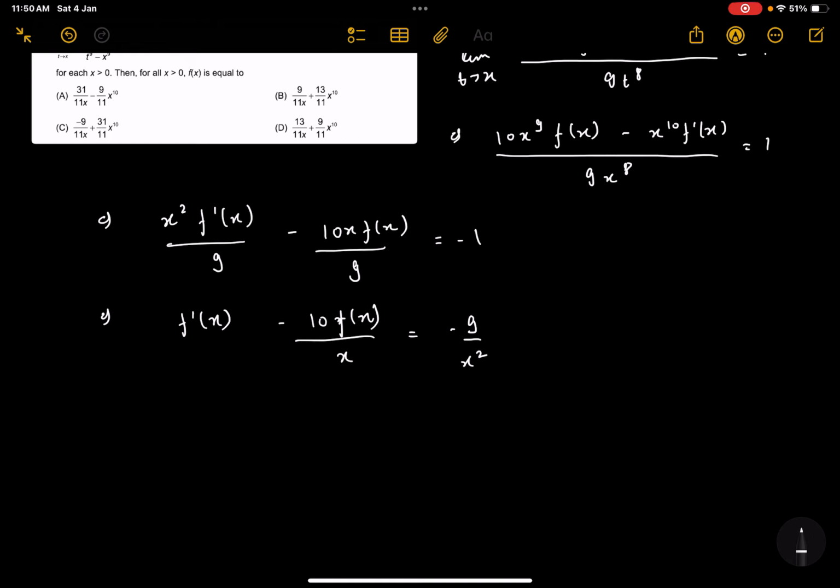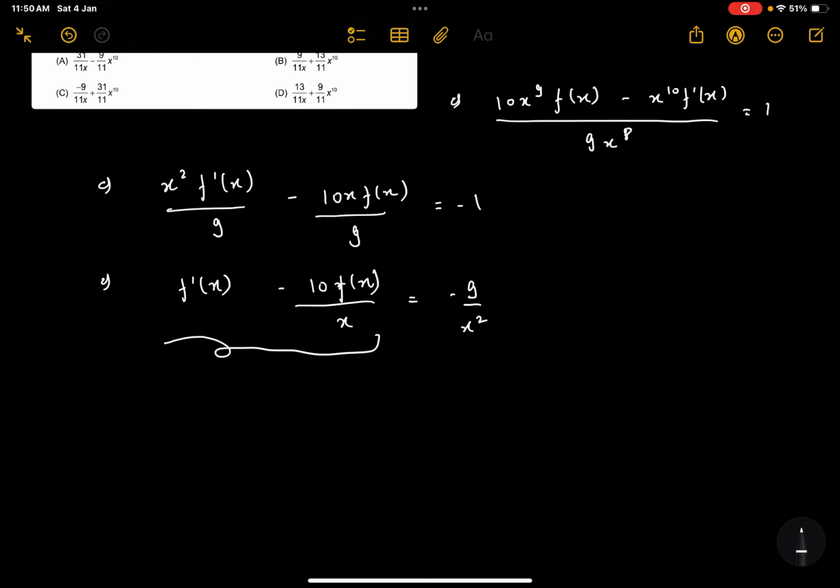Now we'll divide by x to the power of 10, because then we'll have a perfect differential form here.